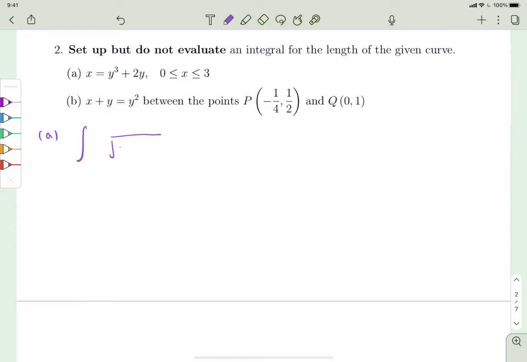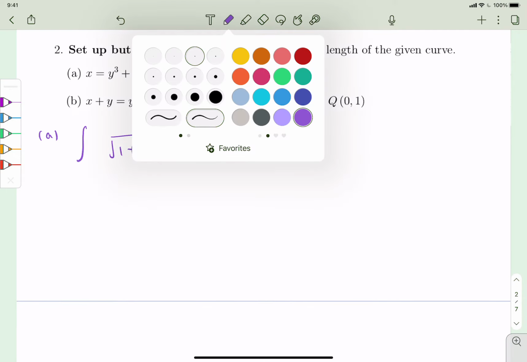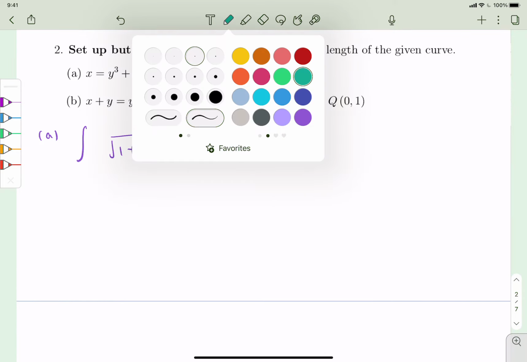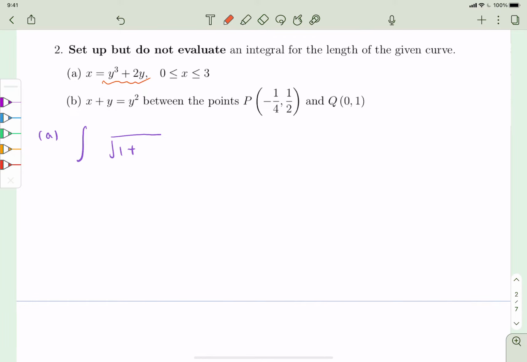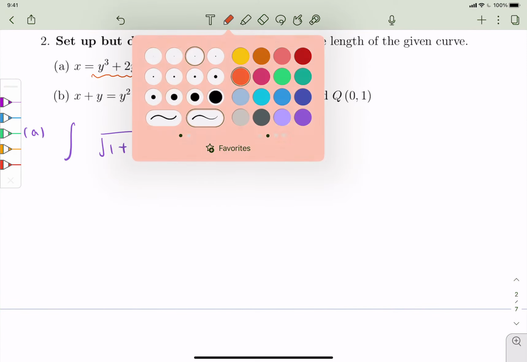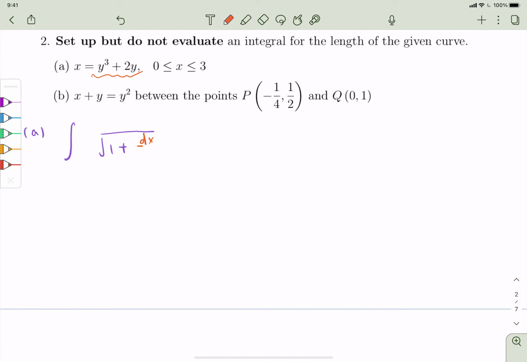It's 1 plus dy over dx, or dx over dy, depending on the situation. But in this case, the function is expressed in terms of y, so we need to do the integration in terms of y. So now we have dx over dy squared, dy.